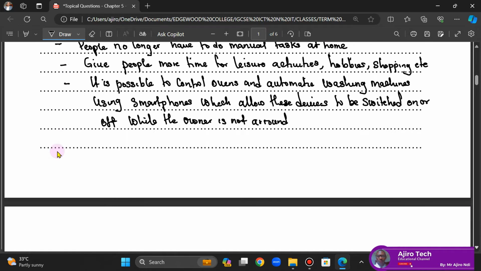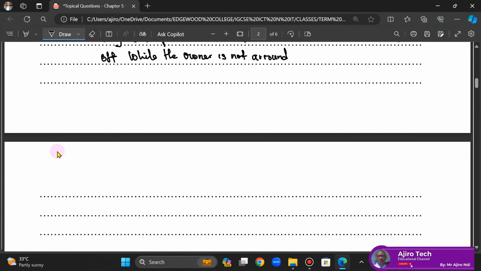Another thing we have to look at is the disadvantages. So what do I have for disadvantages? The first point I can think of is that there is a potential to lose household skills.